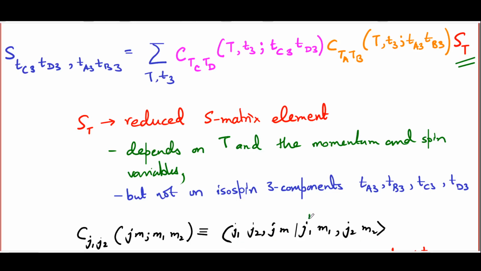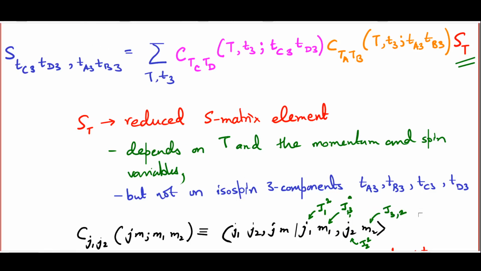Remember, these are eigenstates of basically the first particle's angular momentum squared, in this case isotopic spin angular momentum squared, J3 eigenvalue for the first particle, this is J2 square, and this is J3 eigenvalue for the second particle.